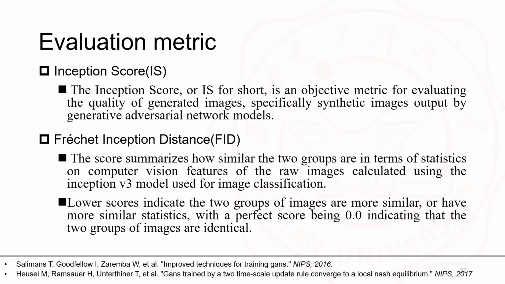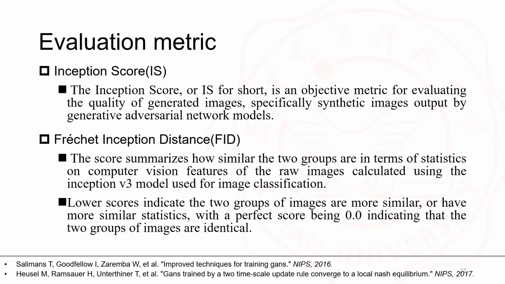A higher score means better performance. Fréchet Inception Distance computes the Fréchet distance between generated images and the real images using features extracted from the pre-trained network. A lower FID means a closer distribution between generated images and the real ones.